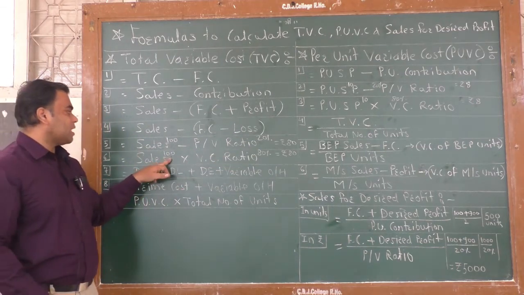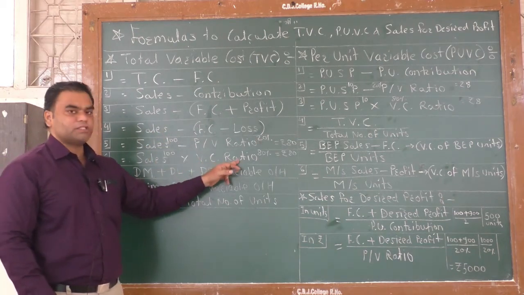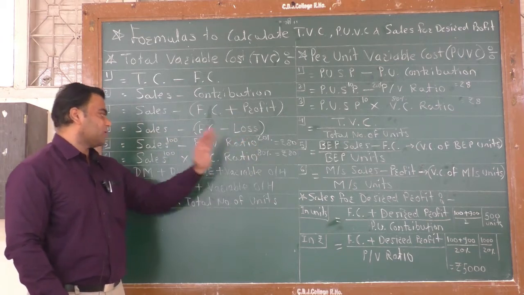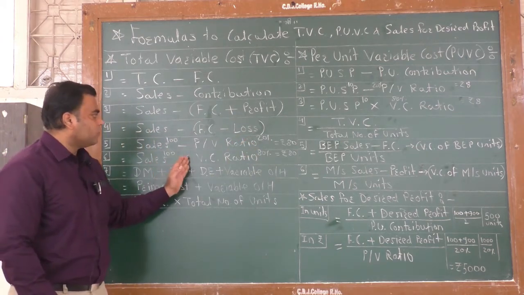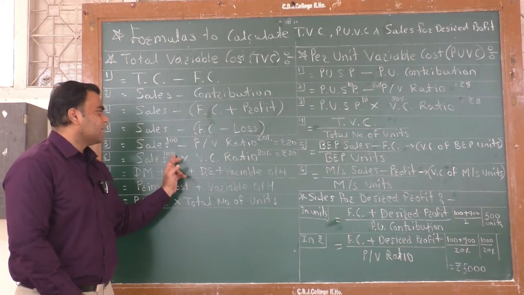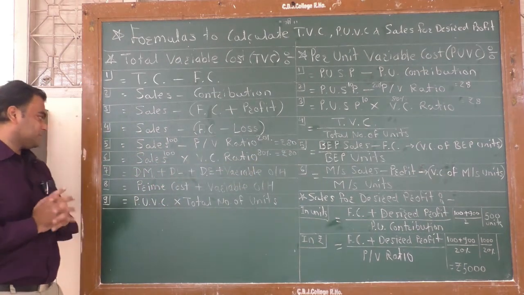Suppose our sales amount is rupees 100 into, suppose, variable cost ratio is 80%. So 100 into 80%. So 80% of 100 is 80. So 80 will be the amount of total variable cost.